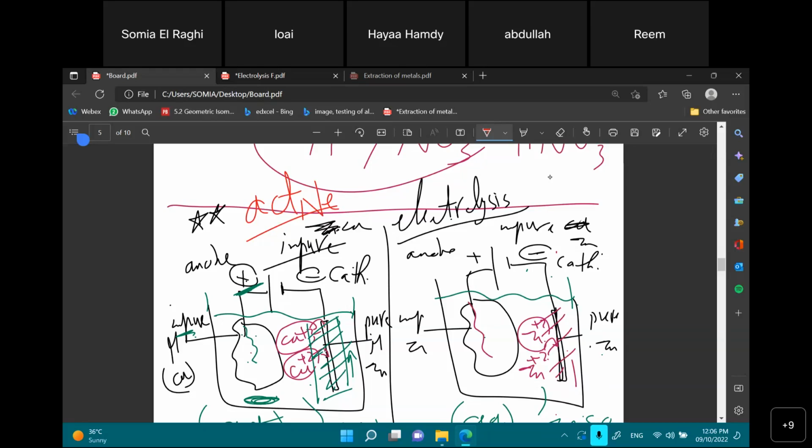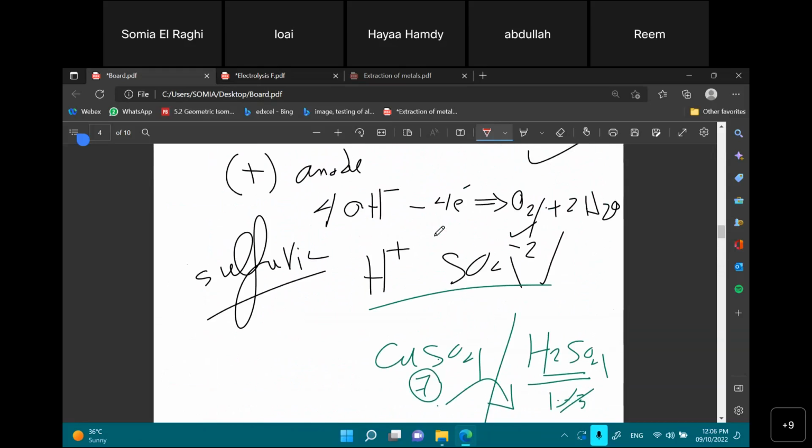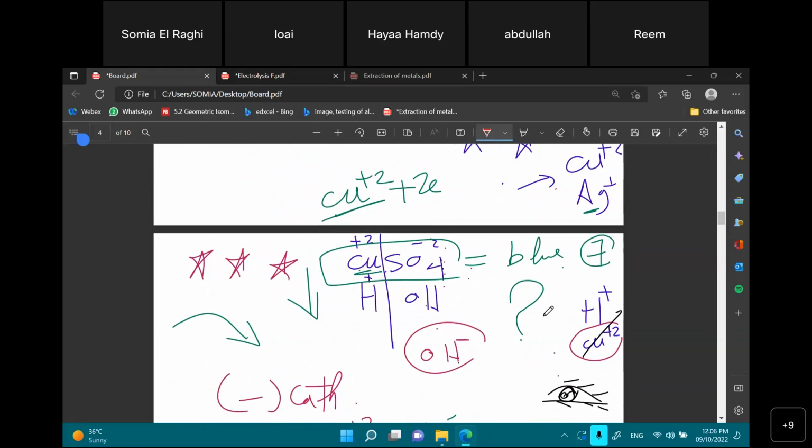But what is the question? If they ask, what is the difference between electrolysis of copper sulfate solution using inert electrode, which is graphite, all right? We know what we get from copper sulfate solution.